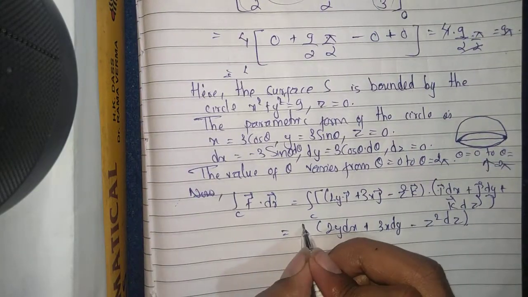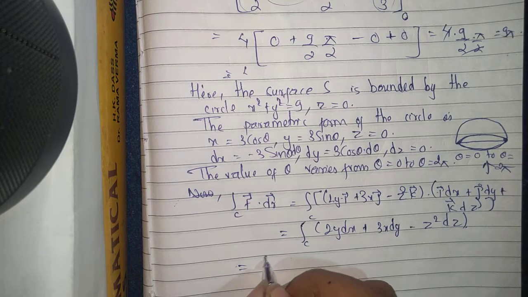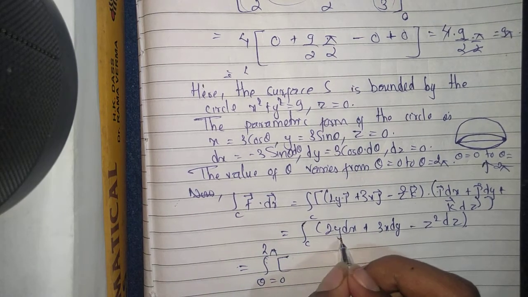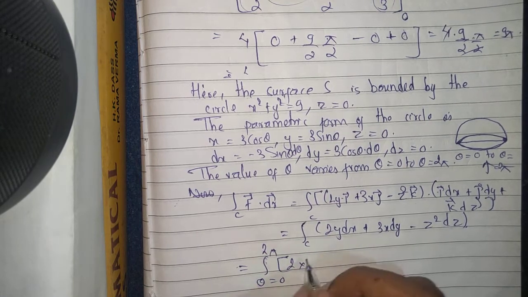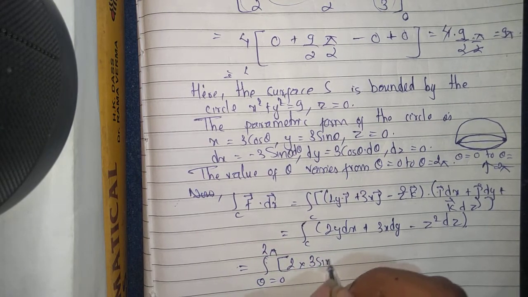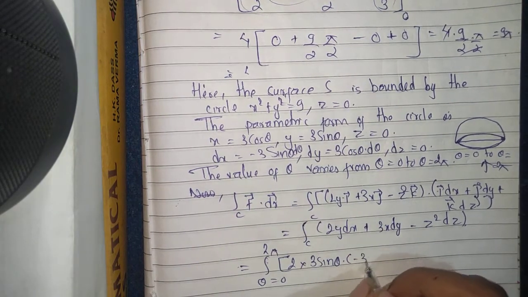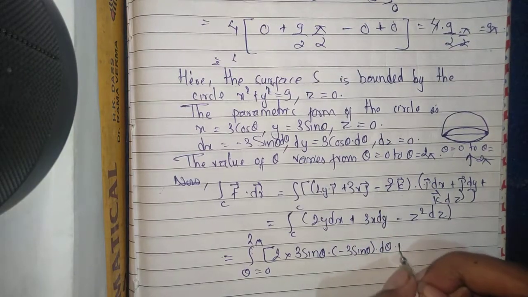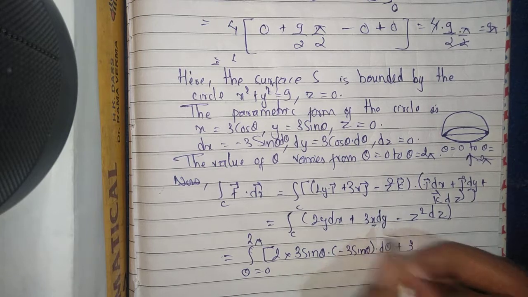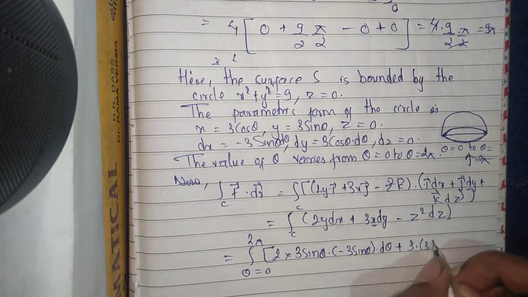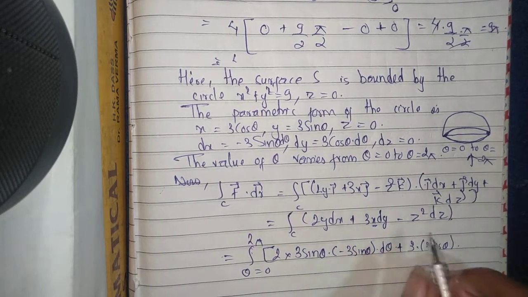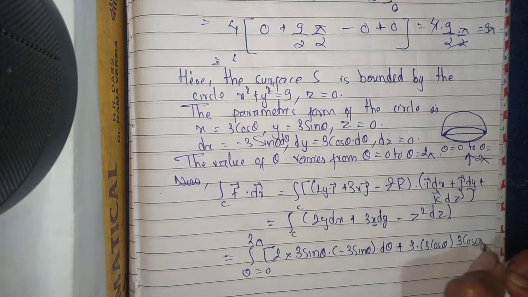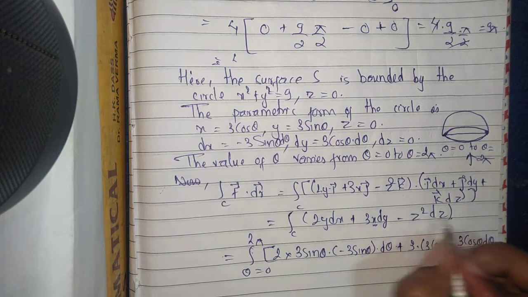Now using the limit theta equals 0 to 2 pi and substituting the values, 2y is 2 times 3 sin theta, and dx is minus 3 sin theta d theta, plus 3 times x, which is 3 cos theta, times dy, which is 3 cos theta d theta, minus z squared dz, which is 0.